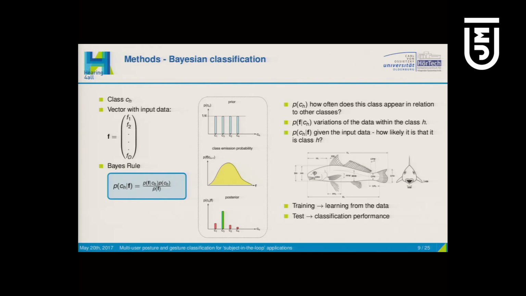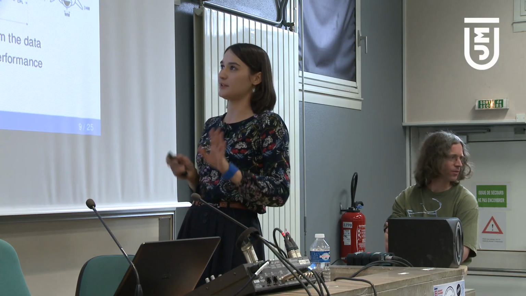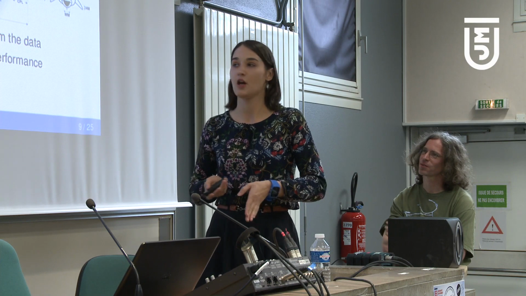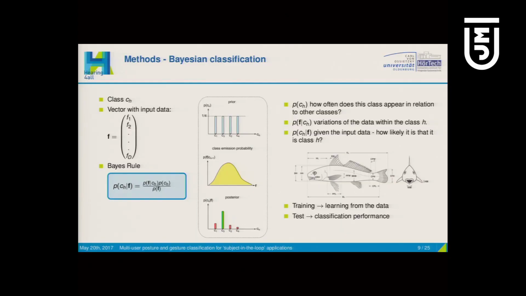And I will go straight into an example with the classification of a fish. So let's say we take a fish from a lake or from a sea, and we want to classify this fish based on some measurements. There might be a lot of measurements done for this fish, but let's say right now that we just measure the length and the width of the fish, and based on these two measurements, we want to classify to which species this fish belongs.